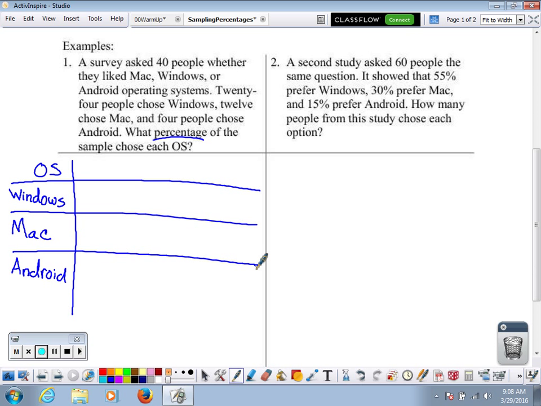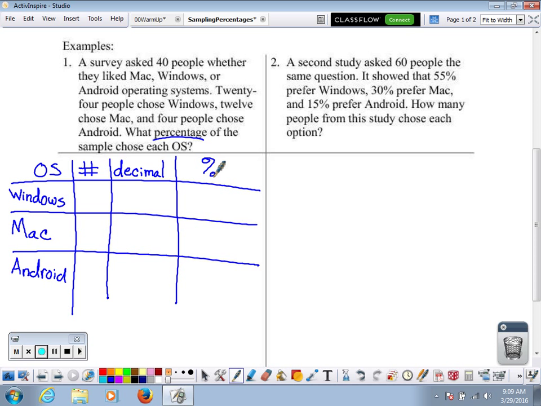Now, I'll also have a column for the number of people that prefer each system, a column for the decimal, and a column for the percent. This is a good way to organize the data so that we can answer those questions. It's not necessarily the only way to do it, but it's a good way to see what you're doing.